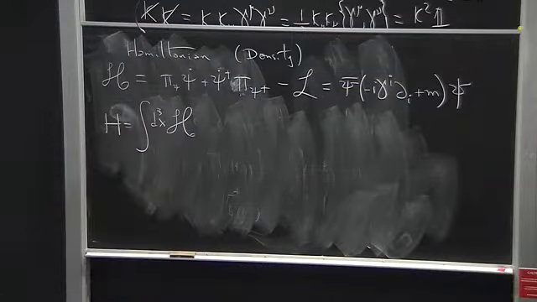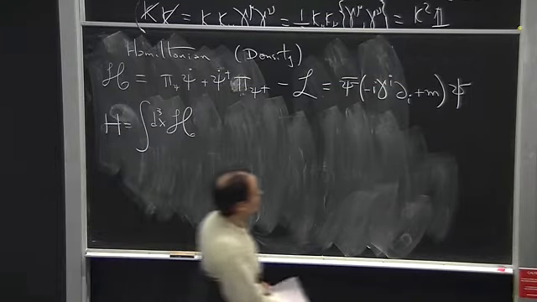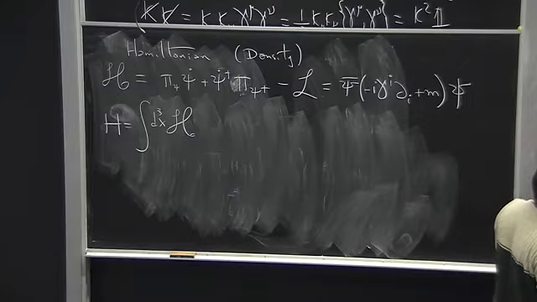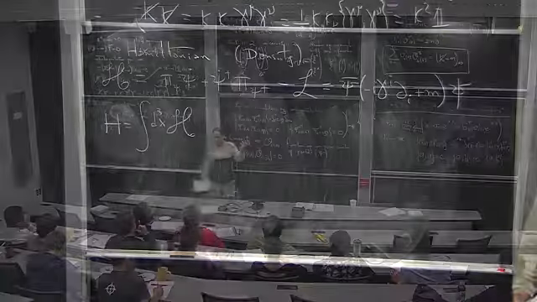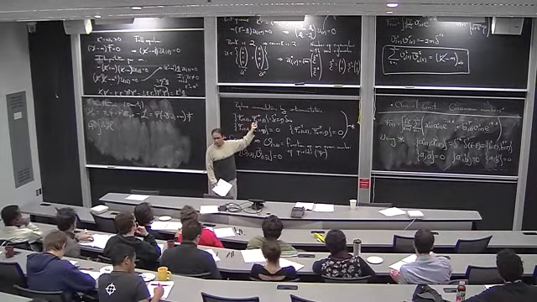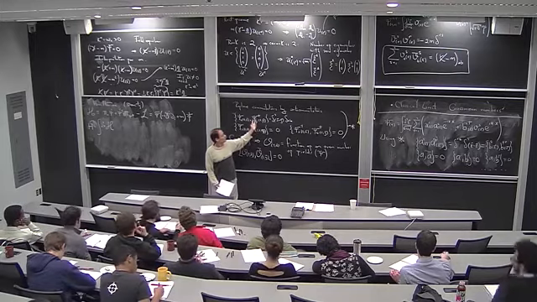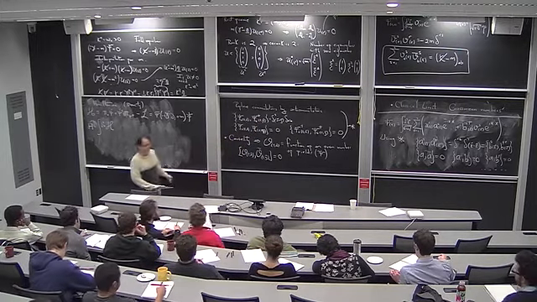Sorry, Freddy, are we missing an I in the commutation relations? Now we have to be careful because remember the anti-commutation relations were with the canonical conjugate momentum pi, and there is an extra I when we define it with the psi. Okay.